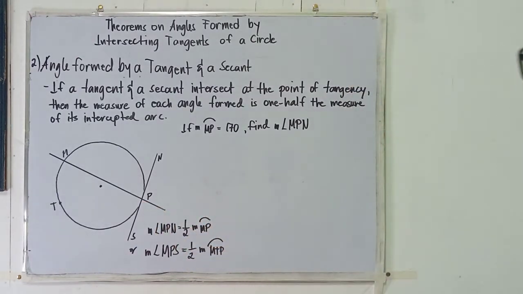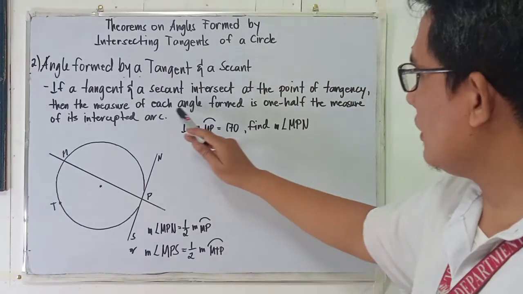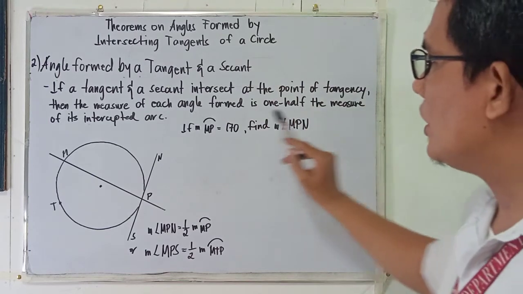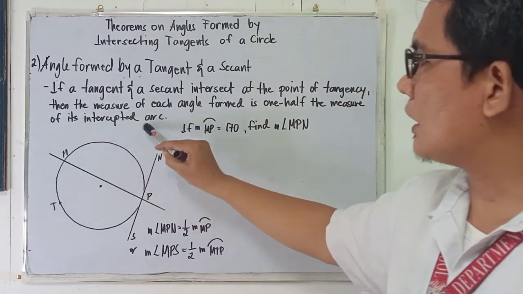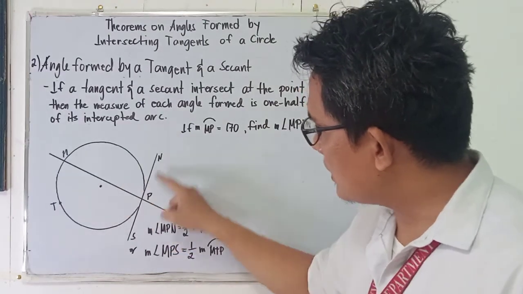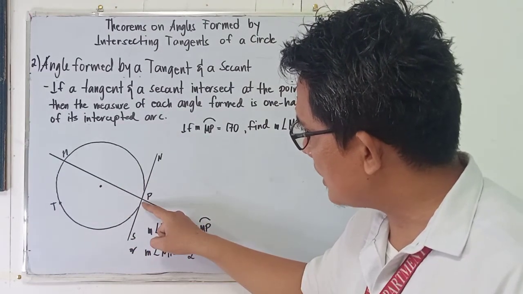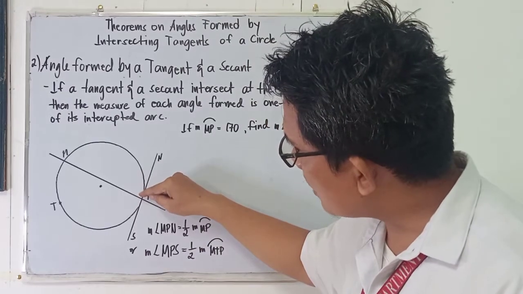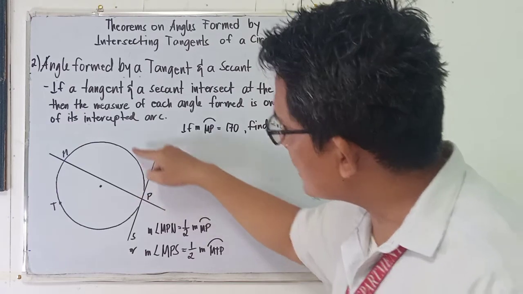So what is the relationship of the intercepted arc and the angle formed by the secant and tangent line? The measure of each angle formed is 1/2 the measure of its intercepted arc. So if we have a secant and a tangent line that meet at the point of tangency, whatever the angle formed here is equal to 1/2 the intercepted arc.